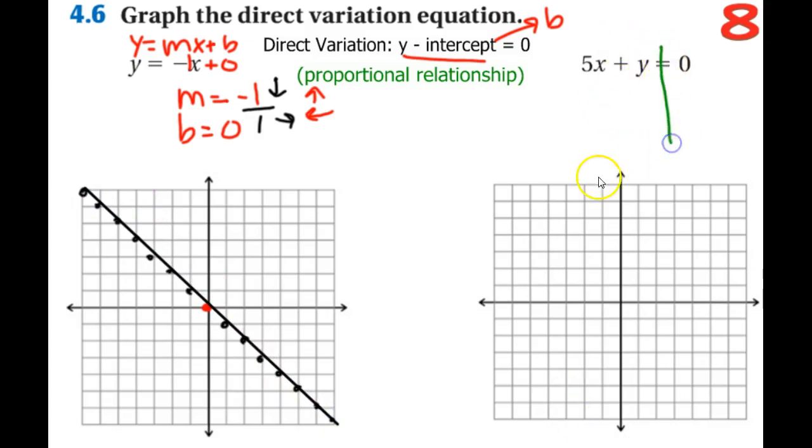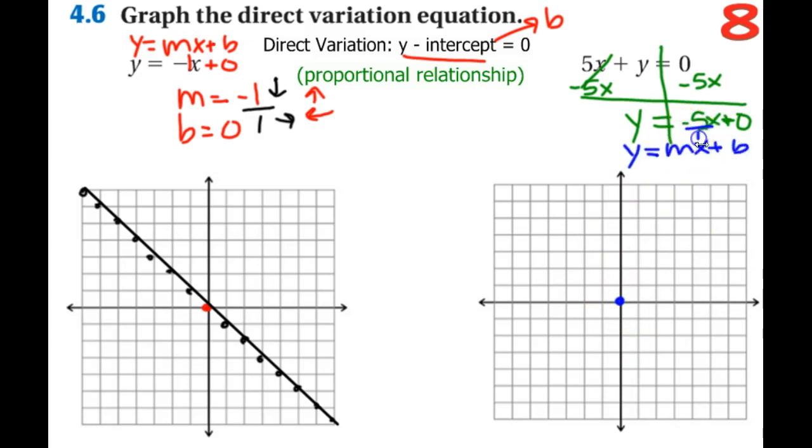All right, last one, we need to solve for y. So I'm going to subtract this 5x over to the other side. So we have y equals -5x plus 0. There's nothing added or subtracted to the end there, so that means I'm beginning at 0.